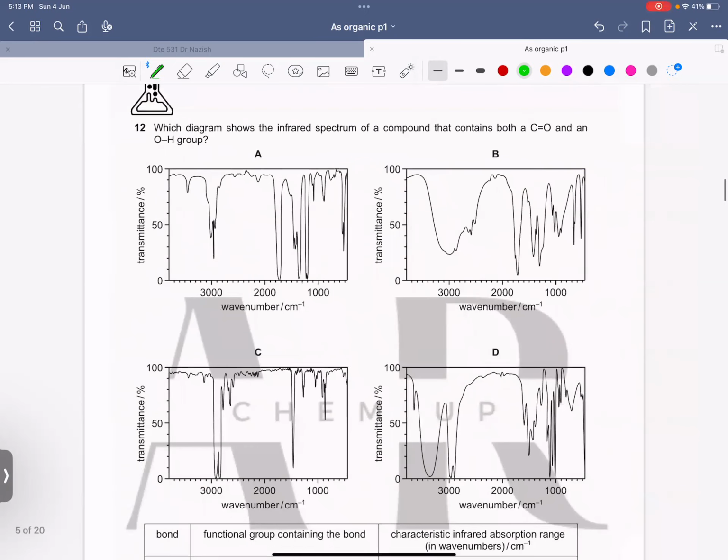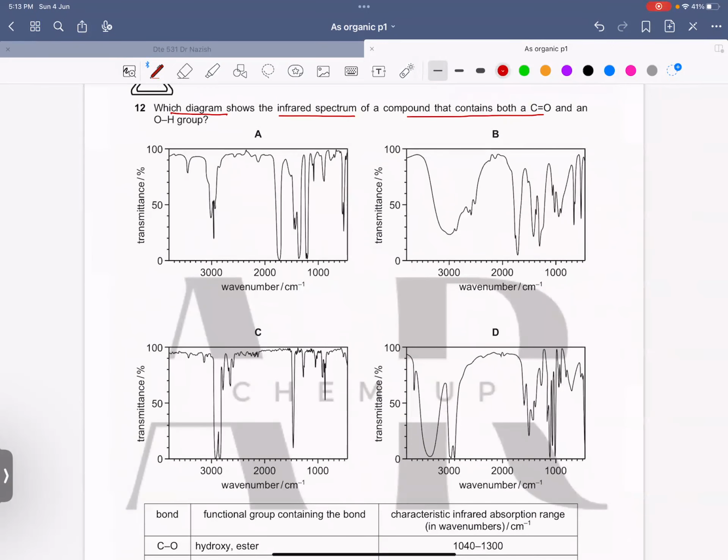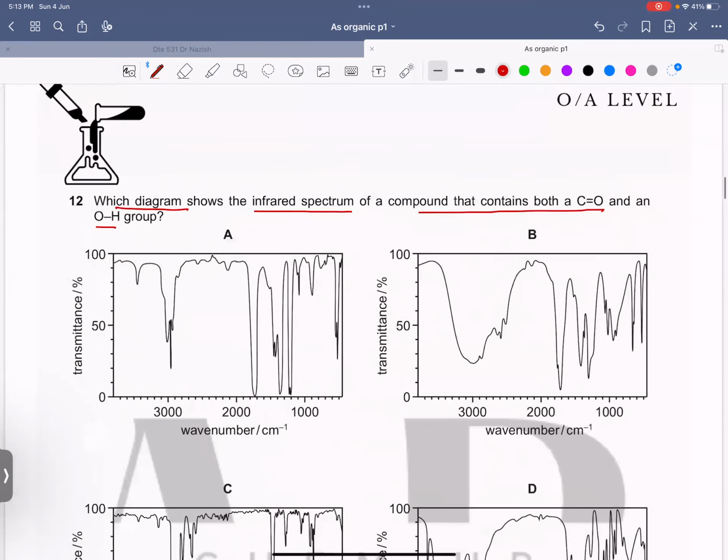Which diagram shows the infrared spectrum of a compound that contains both C double bond O and OH? So if you recall that C double bond O normally comes from 1600 to 1800 and its peak is like this only. And if you recall, OH varies from 2500 to 3000 for carboxylic acid, which is a very broad peak like this.